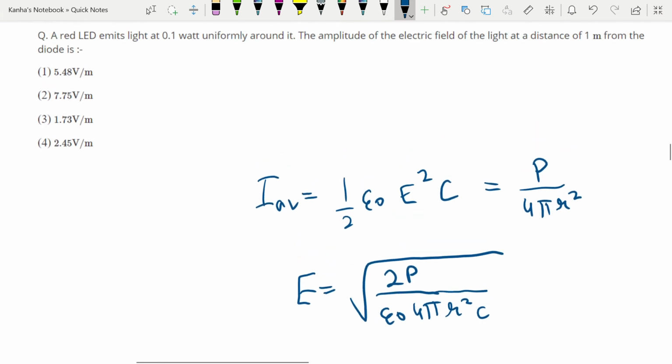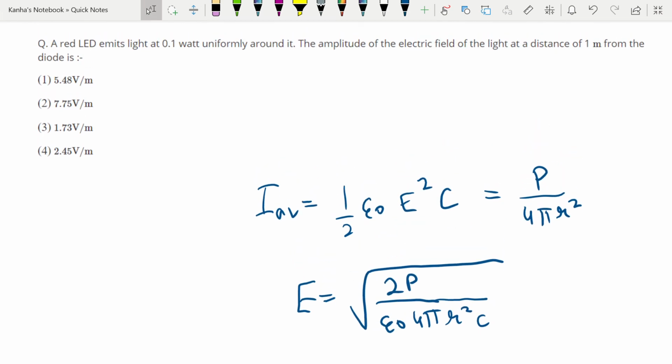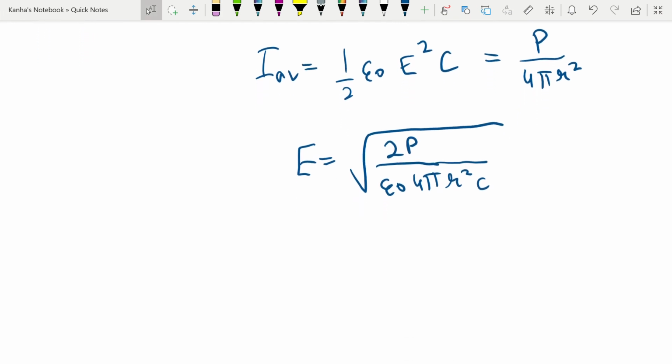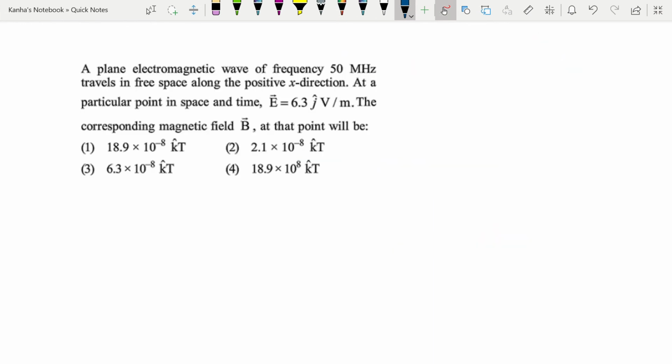On putting the values that are given to us, you are given the value of power P, and the distance is also given to you as 1 meter. The radius is 1 meter, and if I put these values into the equation, I get the answer as 2.45 per meter.